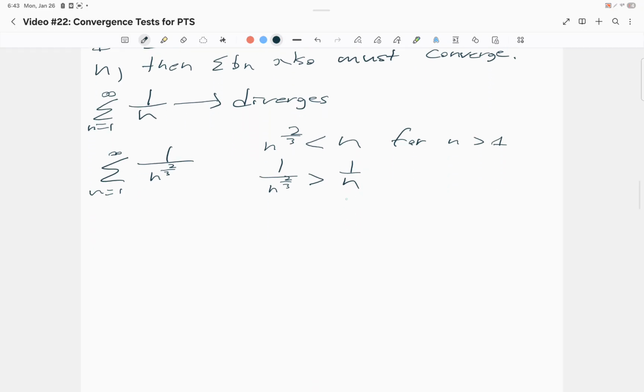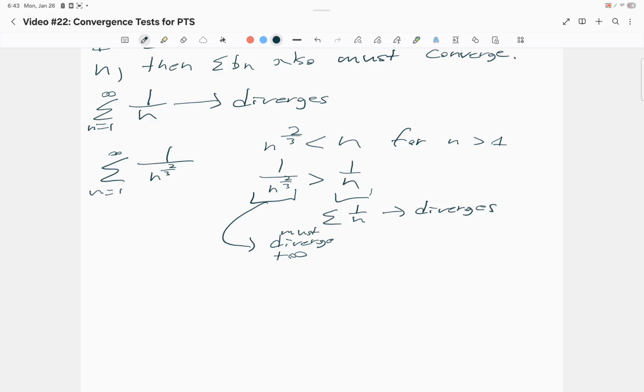And because we know this diverges, and this guy is always going to be greater, this guy must also diverge too. And that's the basic comparison test. It's really that simple, and that's where the word basic comes in, right?